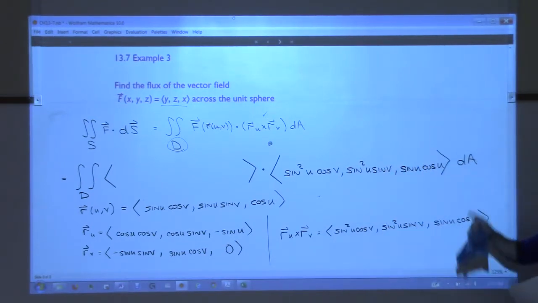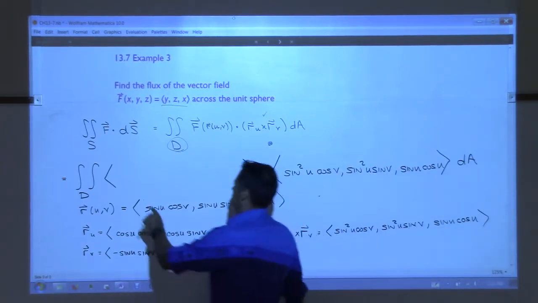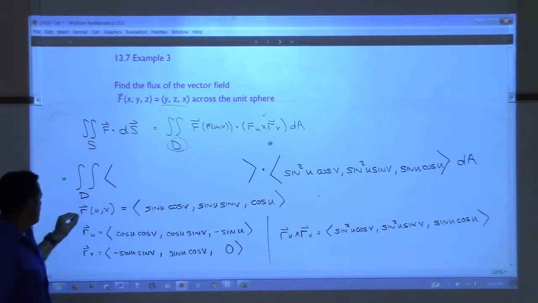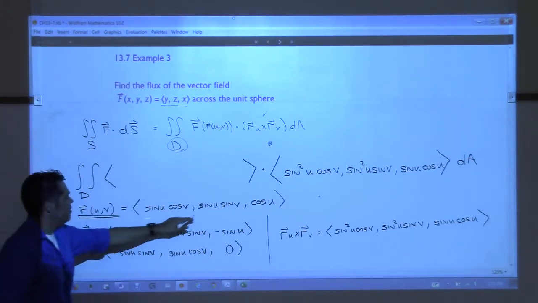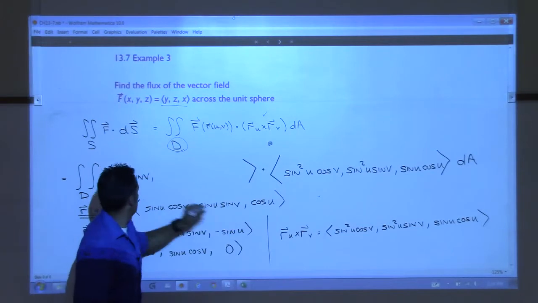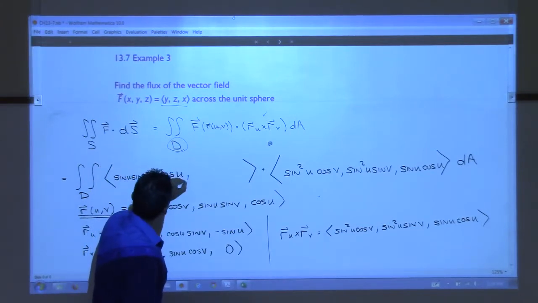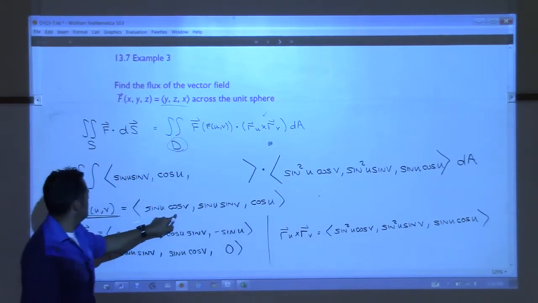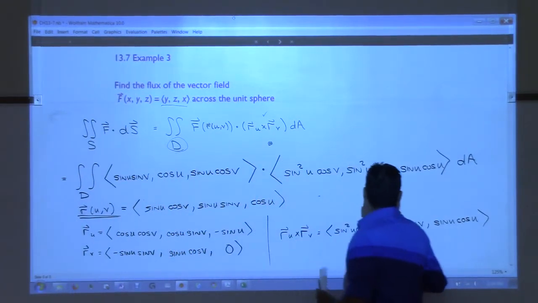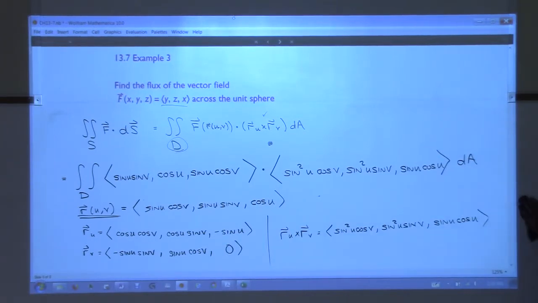The first one is our field evaluated on our surface. So what's our first component? It's y, so y is sine u sine v, now z, which is cosine u, and then x, which is sine u cosine v. We good?